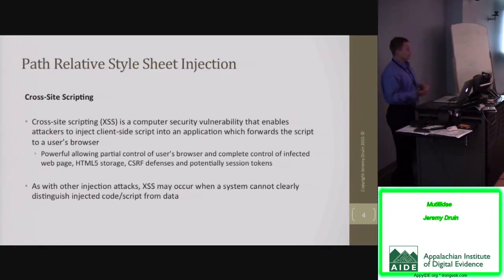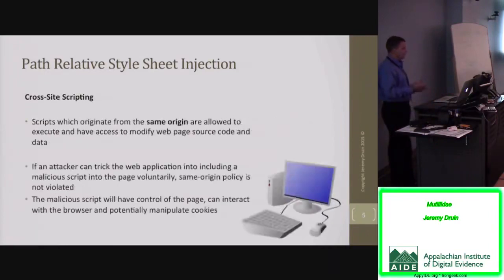Now usually, if you take a script from one website or one source even, and you try to run it in a separate website, there's some protections that are built into the browser itself that will keep the script from interacting with the page. It also protects the cookies and some other resources on the page from being changed by the JavaScript.